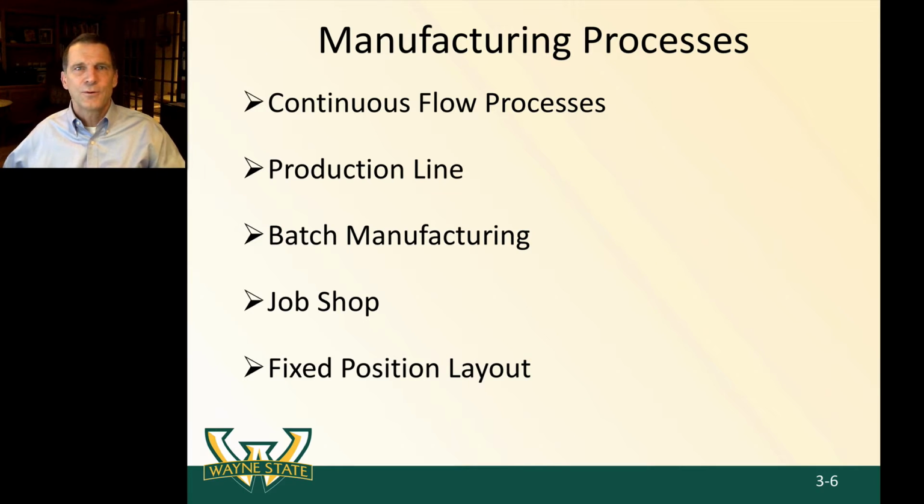Maybe they're for your shower door, for a shower door manufacturer. And then those lengths go and they get cut to a certain length and maybe formed and bent and buffed in another batch of the plant. So it's an assembly process that's sequential, but it's done in batches in different areas of the plant. We'll look at job shops, which are much more unique and low volume, and then talk about fixed position layout.